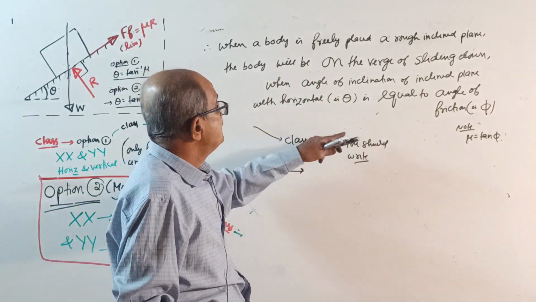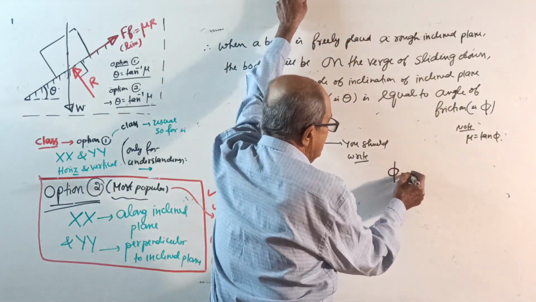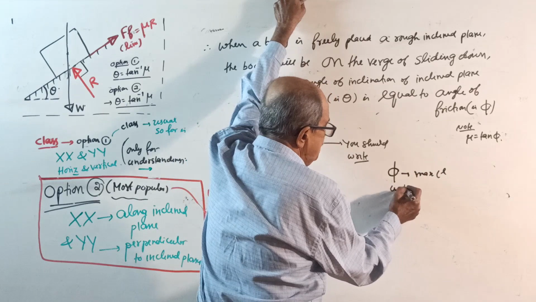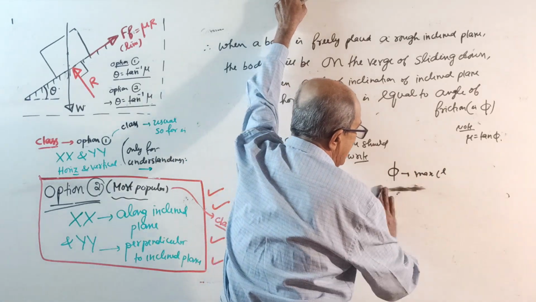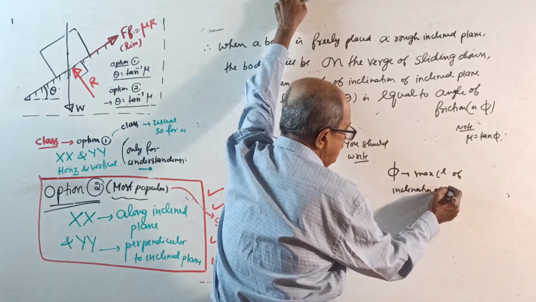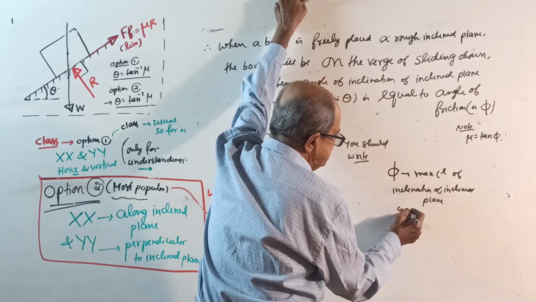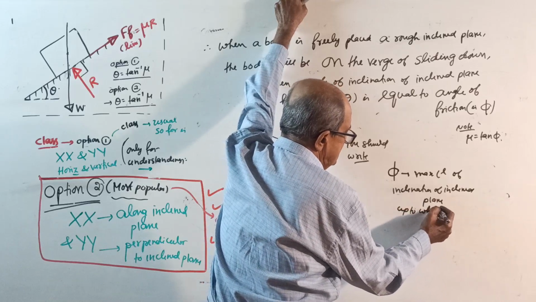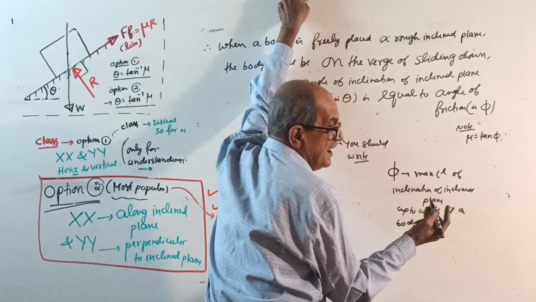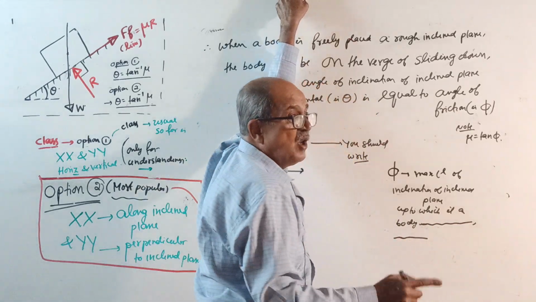Or this angle of friction phi is the maximum angle of inclination of the inclined plane up to which, if a body is freely placed on the inclined plane, the body will not slide.